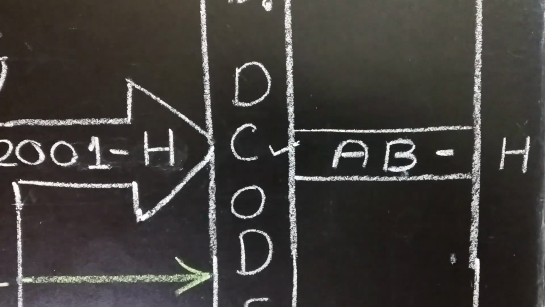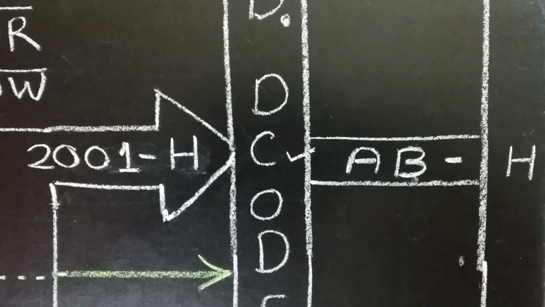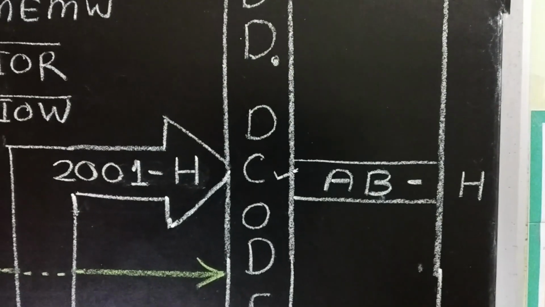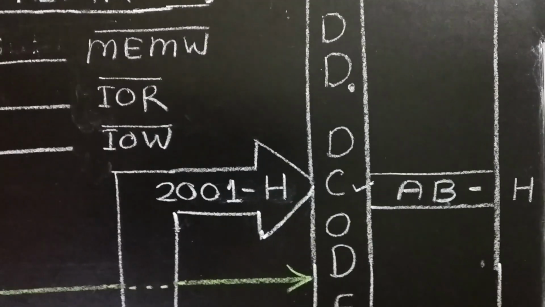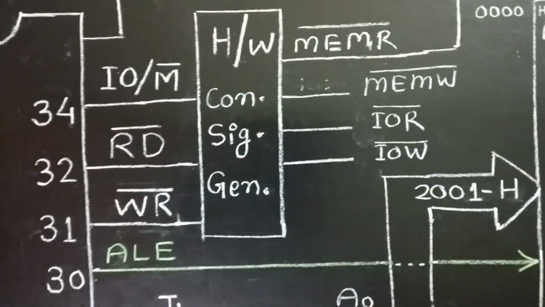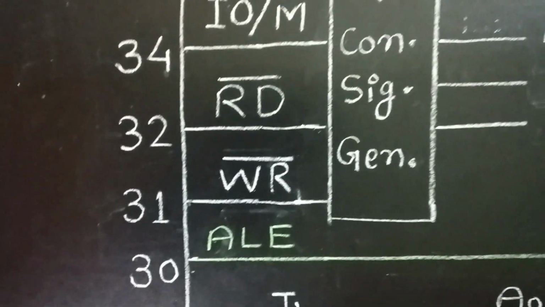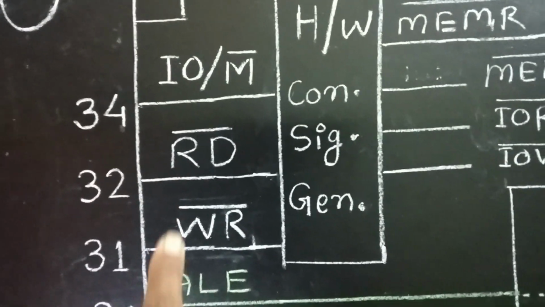Whenever this address is located, it is now the duty of the microprocessor to generate a control signal, with the help of IOM bar, read bar and other control signals.